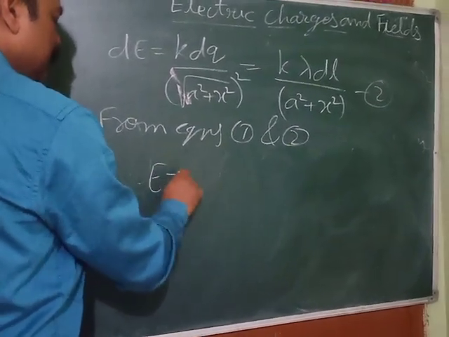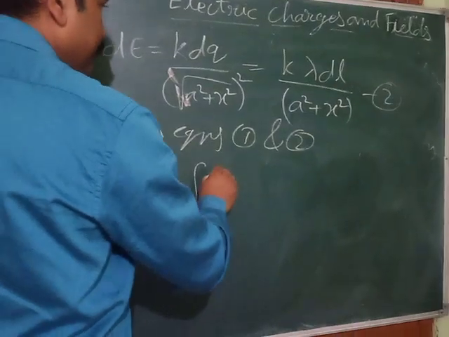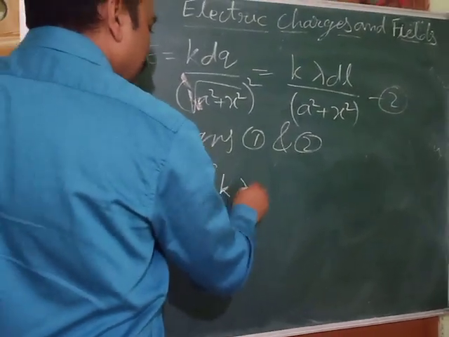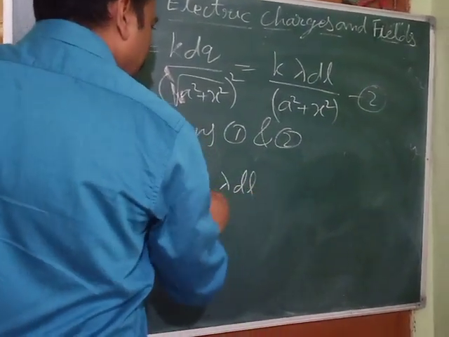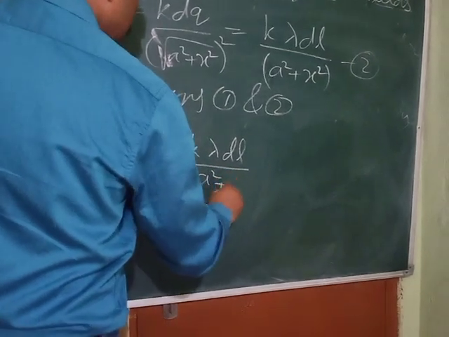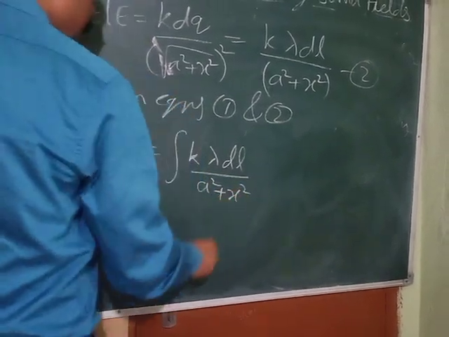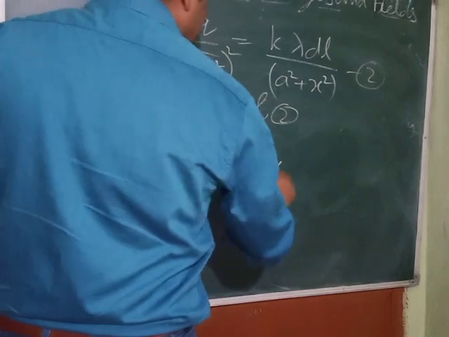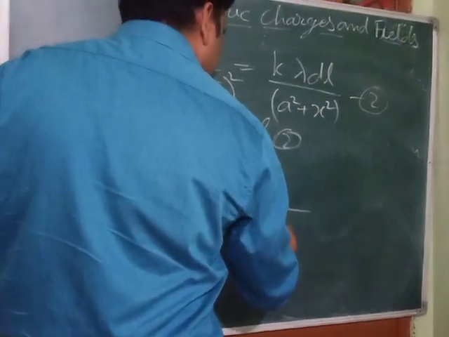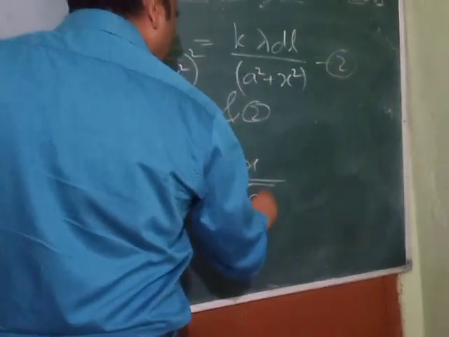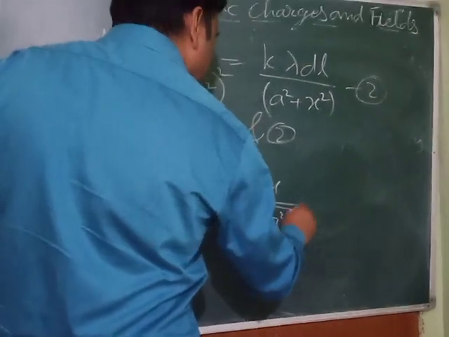E is equal to integration of k lambda dl upon a square plus x square, times x upon square root of a square plus x square.